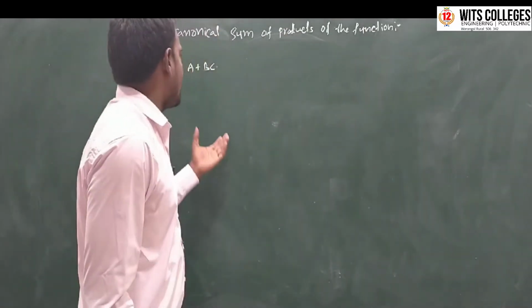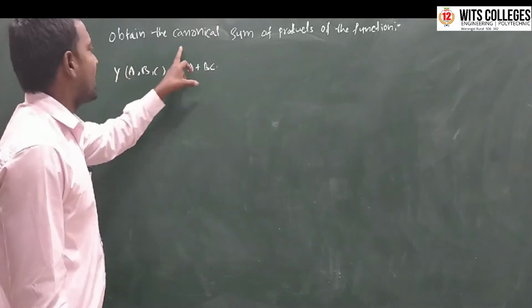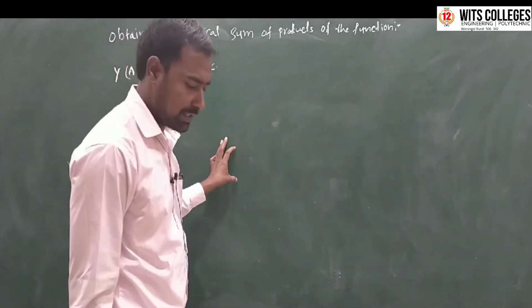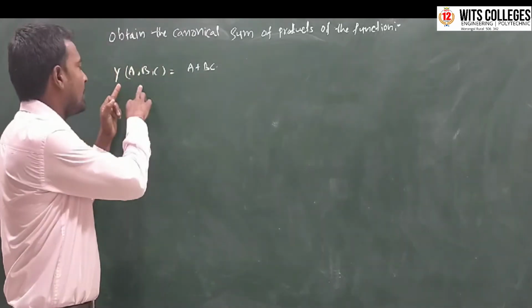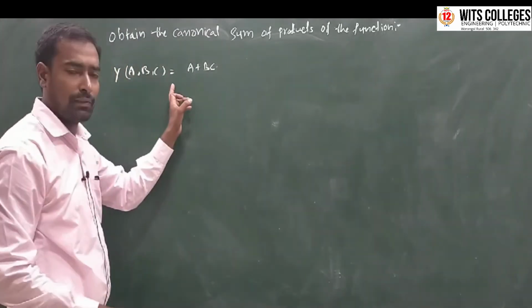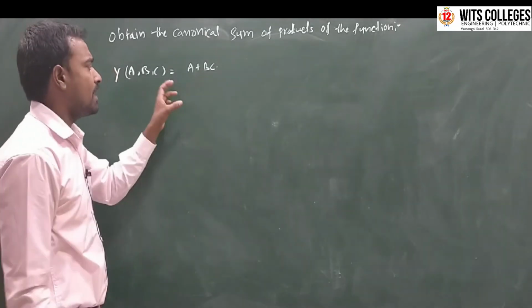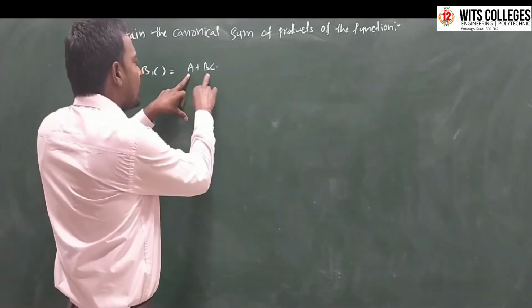Okay, coming to the next problem, that is, obtain the canonical sum of products of the given function. The given function is y of A comma B comma C is equal to A plus B plus C. How many terms do we have here?